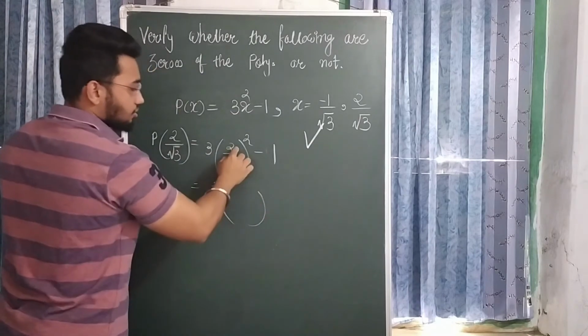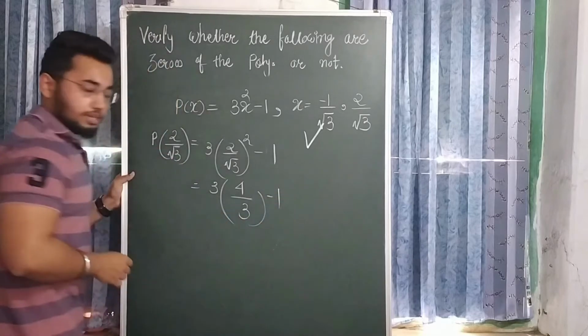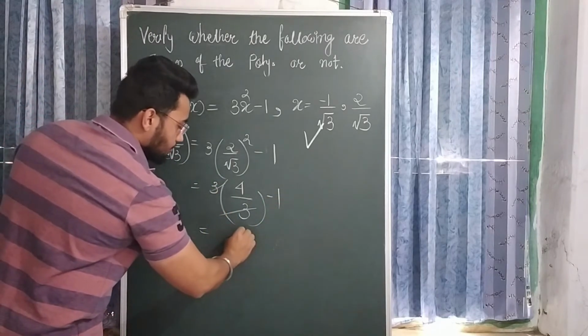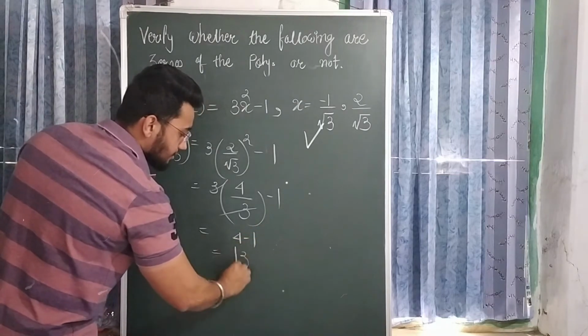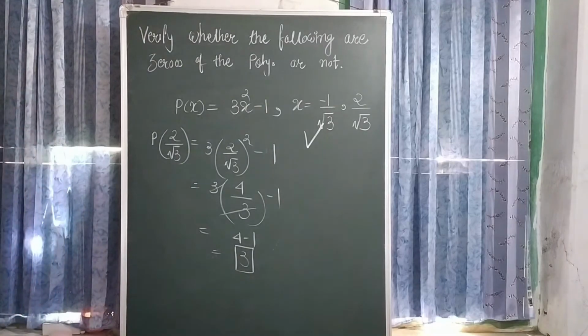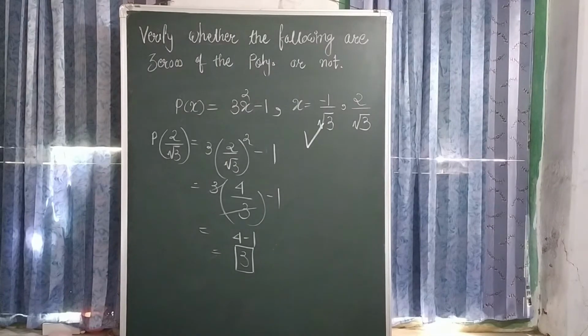The square of 2 is 4, root 3 squared is 3, minus 1. 3 will cancel. 4 minus 1 and our answer is 3, not 0. I'm sorry. So here, whenever you put 2 upon root 3, the answer is 3 instead of 0.